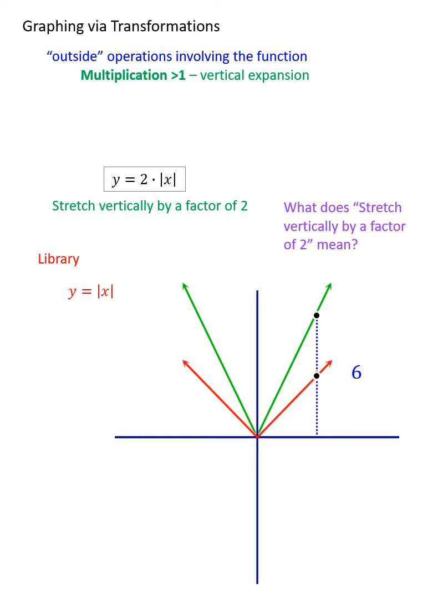In this case, 6 spaces away. And that happens for every point on the graph. Here's another brief example. Suppose we had a point that was a small amount above the x-axis. There would be a corresponding point on the transformation that was twice that distance from the x-axis. And that's what we mean by a stretch vertically by a factor of 2.